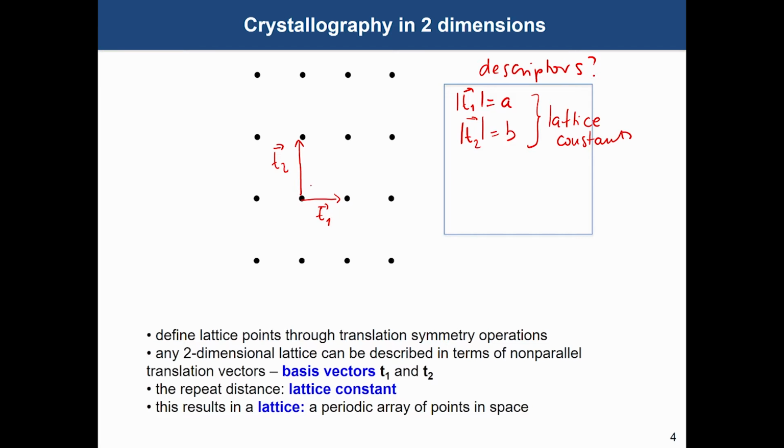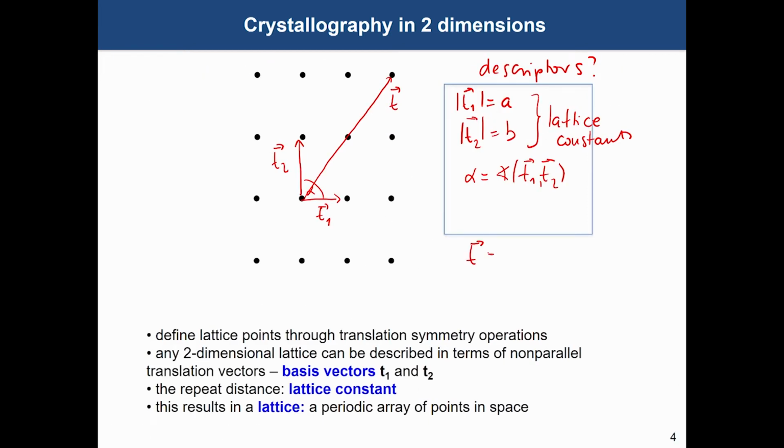Then the angle between the two of them, which in this particular case happens to be 90 degrees, but it doesn't have to be, will be the next parameter. So I know the length, and I know the angle between these two vectors, and this completely defines the lattice itself.